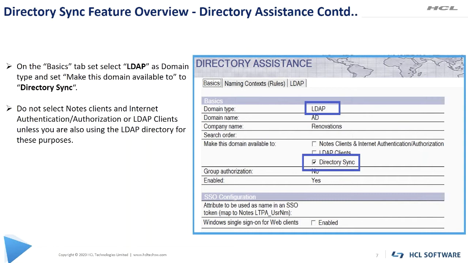On the basic tab, you need to select the domain type as LDAP and select directory sync in "make this domain available to". You might have noticed a new change in the DA document that was introduced in Domino V11. Don't select the other two options unless you are also using the LDAP directory for that purpose. You can keep the other settings as default.